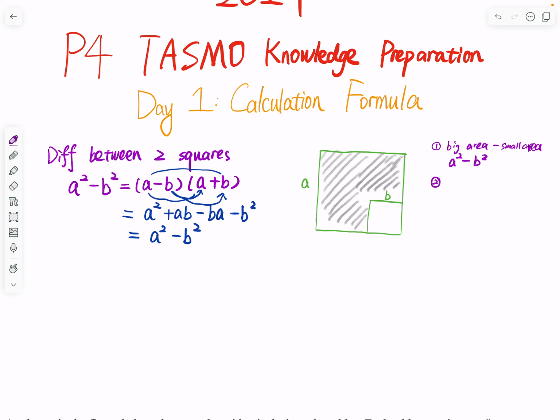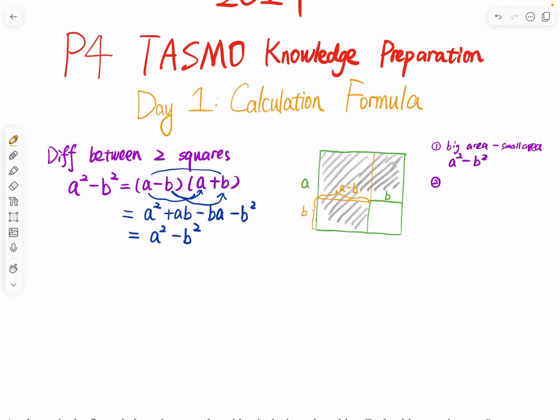Now the second one. Usually we can use another way to separate them. So if I connect this line and connect this part, because this part has length b, this one will be a minus b.